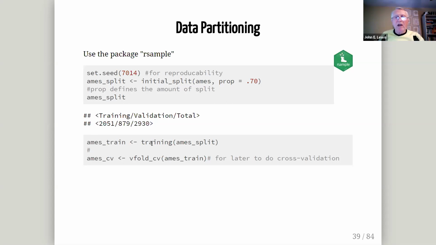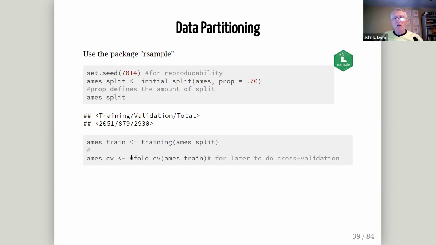So creating then the training set, I use the training function on the Ames split data object, and I create my Ames training data set. At this time, I usually then also set up the cross-validation exercise, and that is the statement right here.